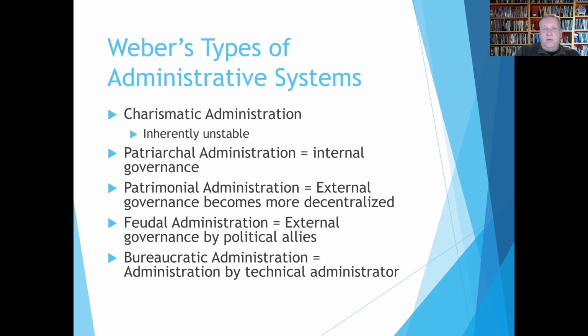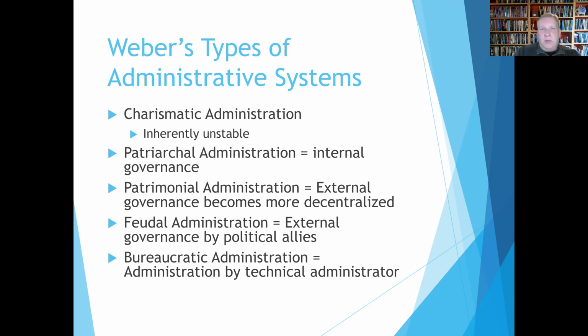But it would be this kind of transactional process by which they would get people to be their allies and do what they want them to do. But the patriarchal, the patrimonial, and the feudal administrative systems are all part of this authority known as the traditional approaches to authority.